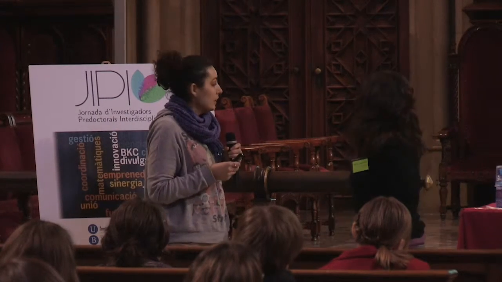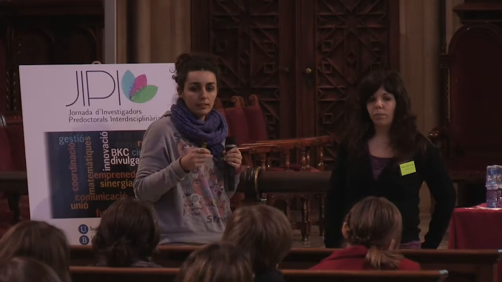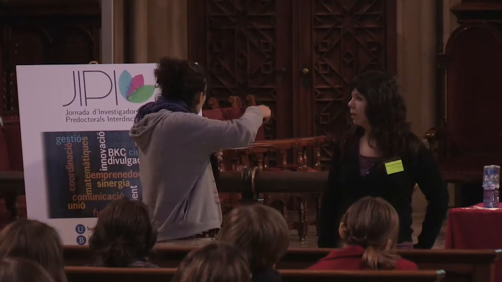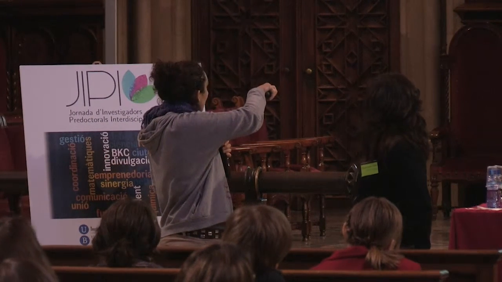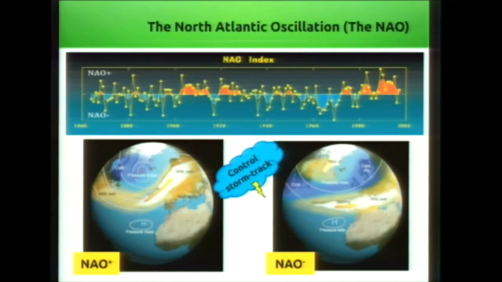It is characterized by a spatial dipole of 2 pressure anomaly centers, one in Azores Island and the other in Iceland. And it has 2 phases, one positive and one negative phase.